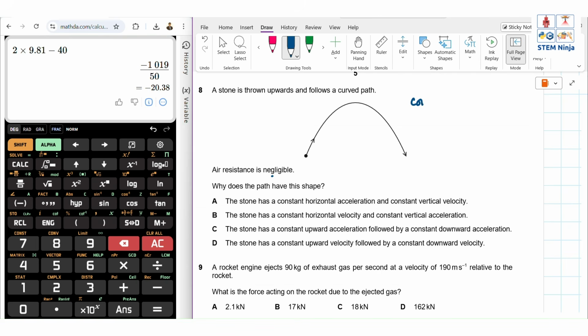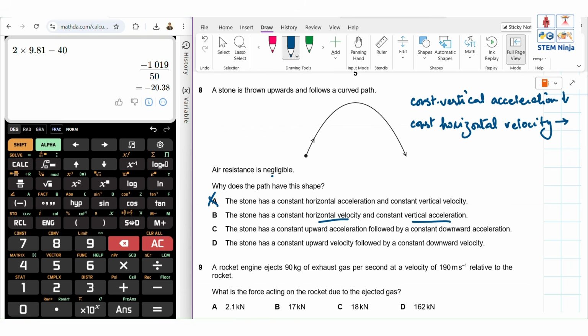So it has constant vertical acceleration, my bad, downwards, and constant horizontal velocity to the right. So this one cancels. The stone has constant horizontal velocity and constant acceleration. This is exactly what we just wrote. So B is the right answer.